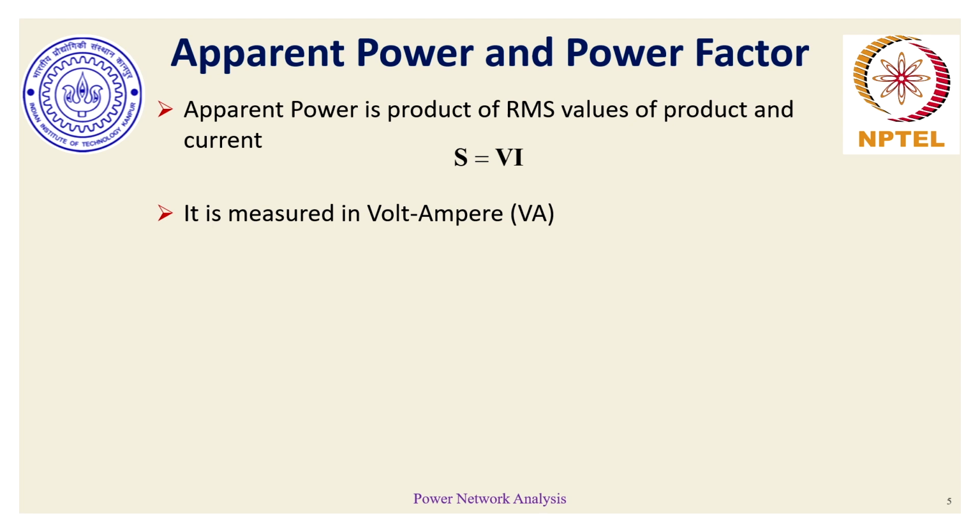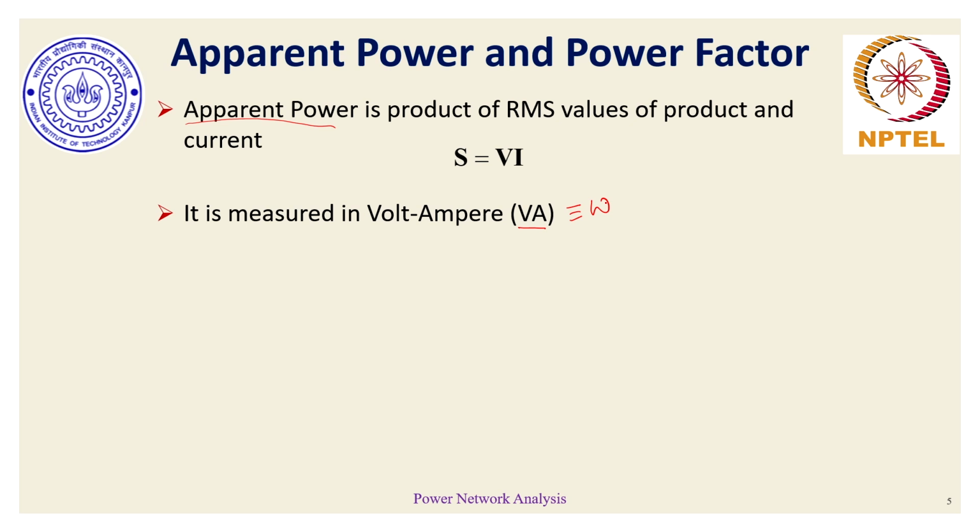Going ahead with the definition of instantaneous and average power, we can also define something known as apparent power, which is nothing but the product of RMS values of the voltage phasor and current phasor, voltage across the element and current through the element. Its unit is defined as volt ampere, which is mathematically analogous to watts.